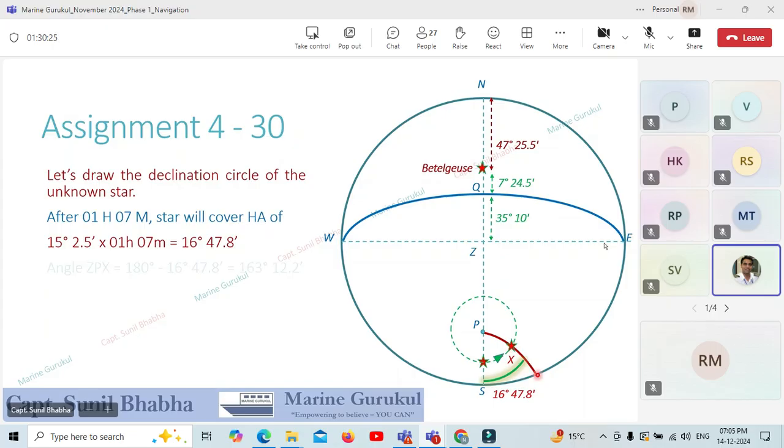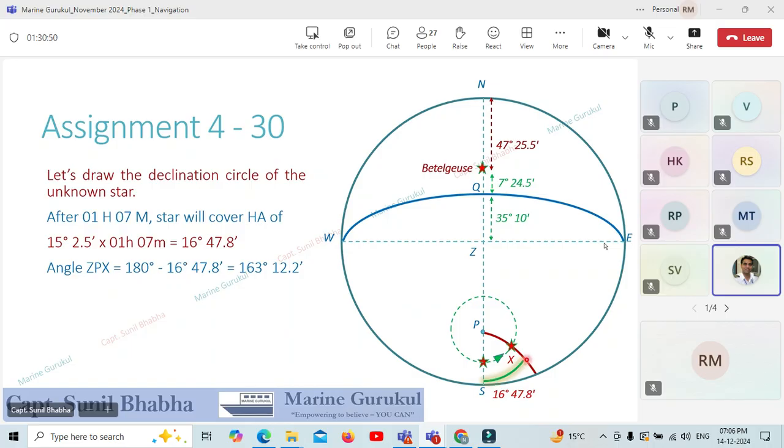Now once I have the celestial meridian on the diagram, I can also easily find out angle ZPX. Pay your attention to this particular angle, ZPX. We can easily find this angle as 180 minus the hour angle of the star.